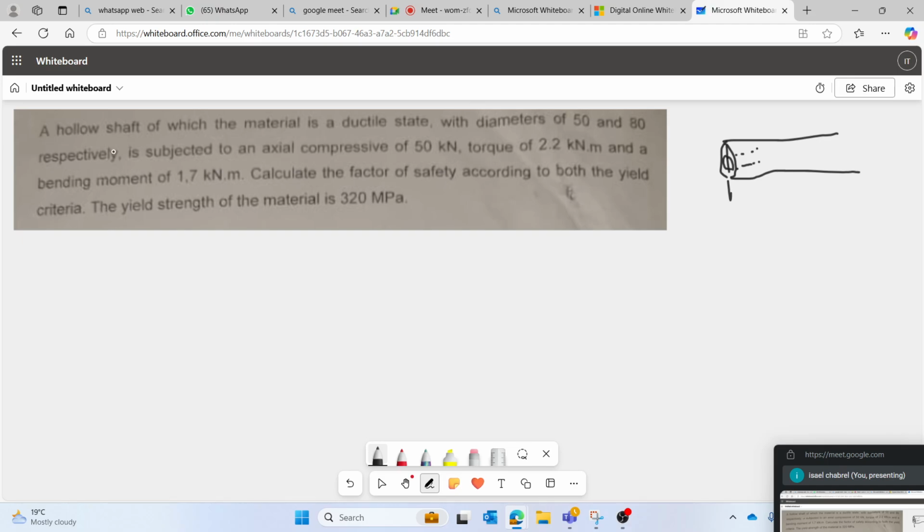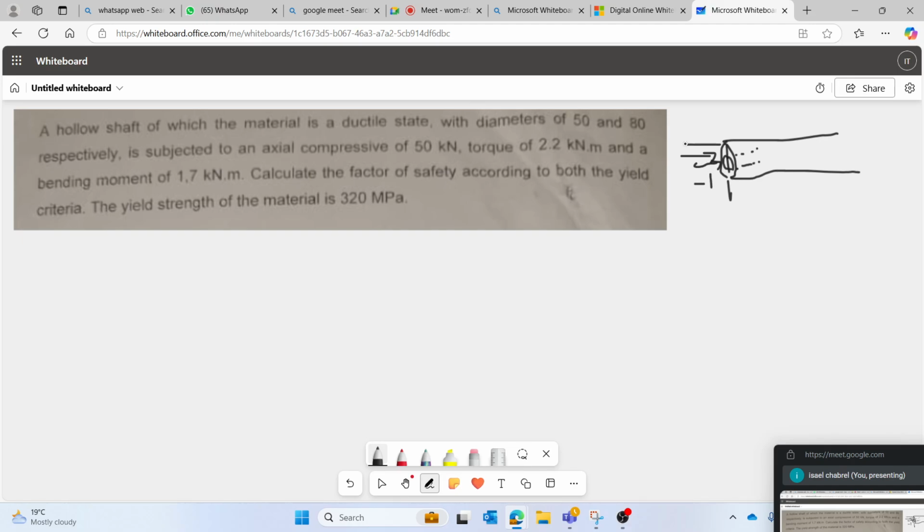Now, they say it is subjected to an axial compressive force. Remember, this is what we call a direct force, a force applied straight to the shaft. It is compressive or tensile. Compressive means it is going into the shaft and has a negative sign.